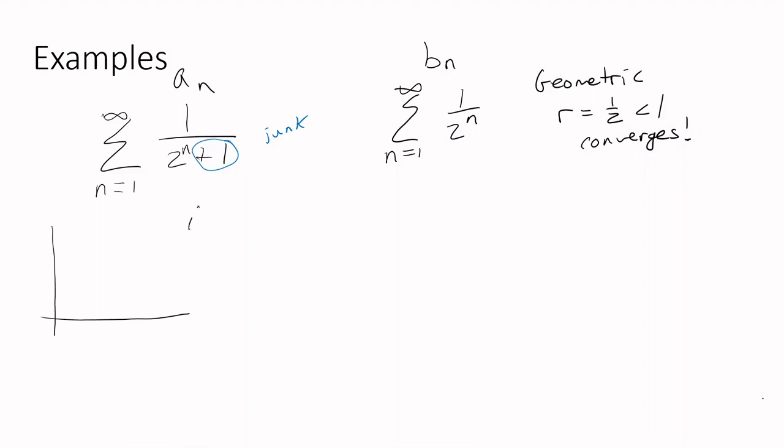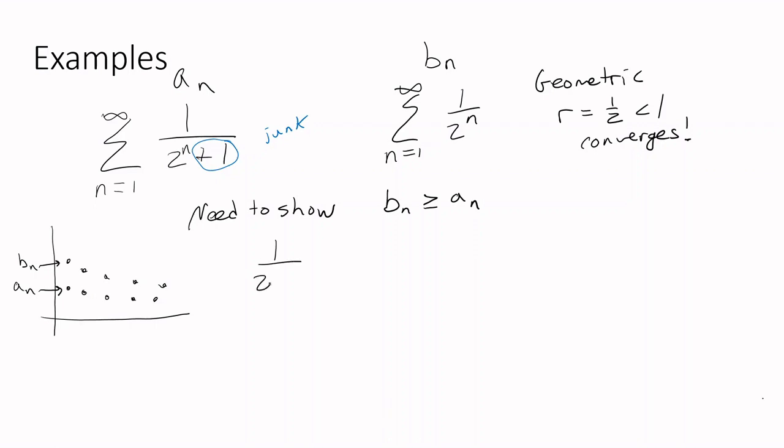I need to show that this B sub n is on top of my A sub n. Because if my B sub n dots are on top of my A sub n dots, and I know B sub n converges, that forces A sub n. So what do I need to show? I need to show that this is true.